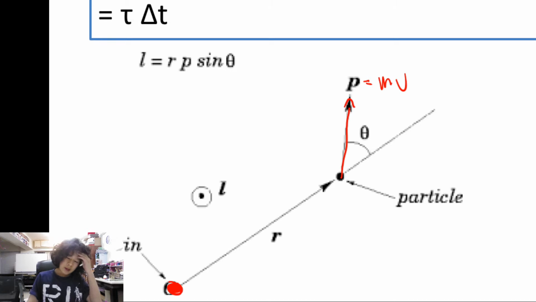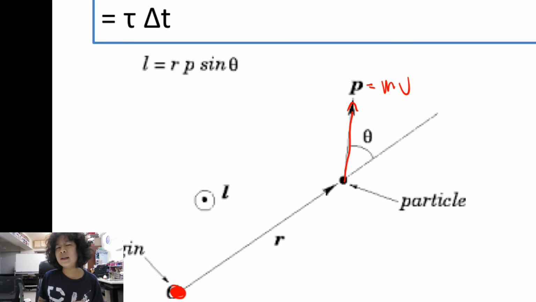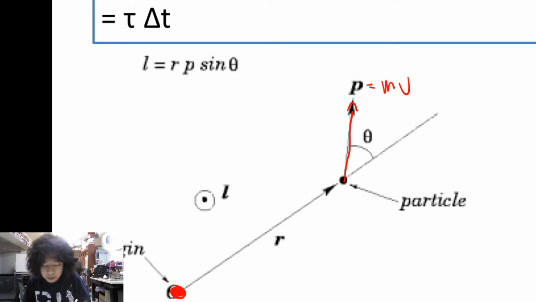Now we're calculating the cross product, so we don't just multiply R and P, because there's an angle called theta here.